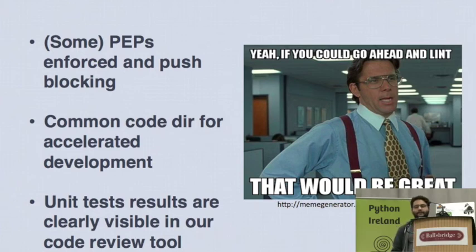And we use a lot of unit tests, and when you push your change to Fabricator for review, you have a clear view of what is green and what is red, and you should not push stuff if there is too much red, but not everybody does it.